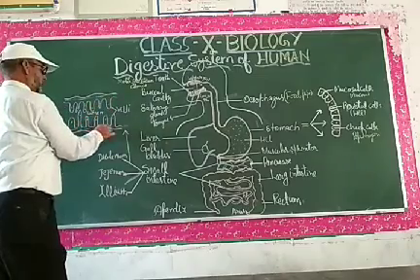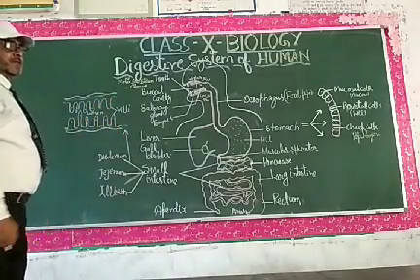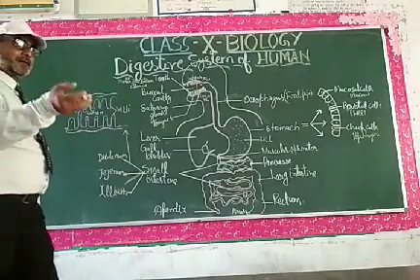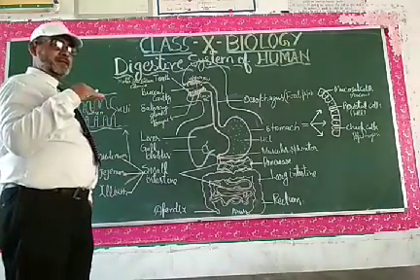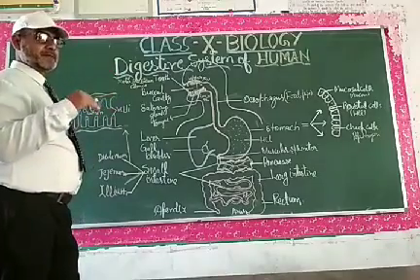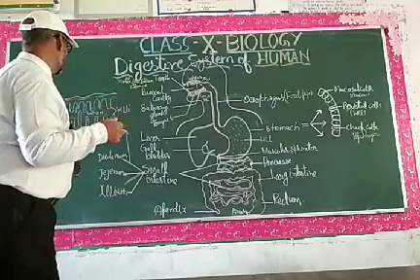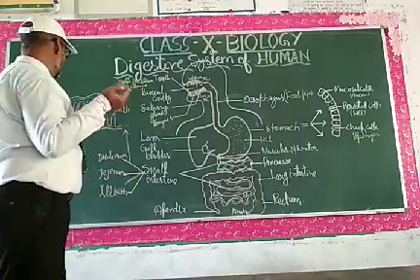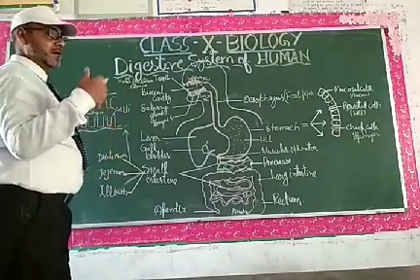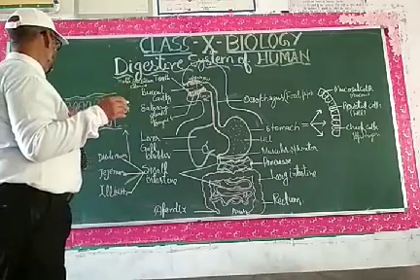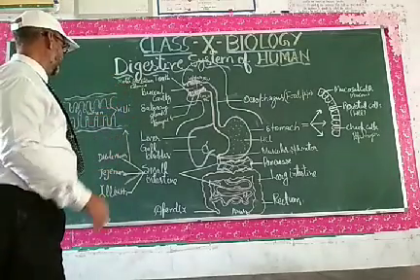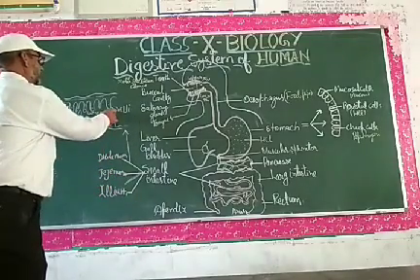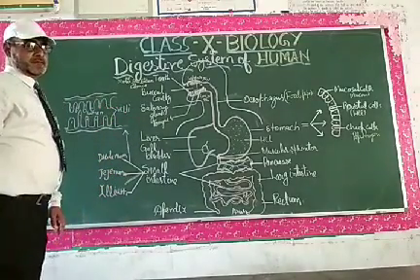The function of the villi is to provide a larger, increased surface, so that the maximum amount of food gets digested and absorbed inside the lumen of the small intestine, whether in the duodenum, jejunum or ileum. So these are the villi and their importance.